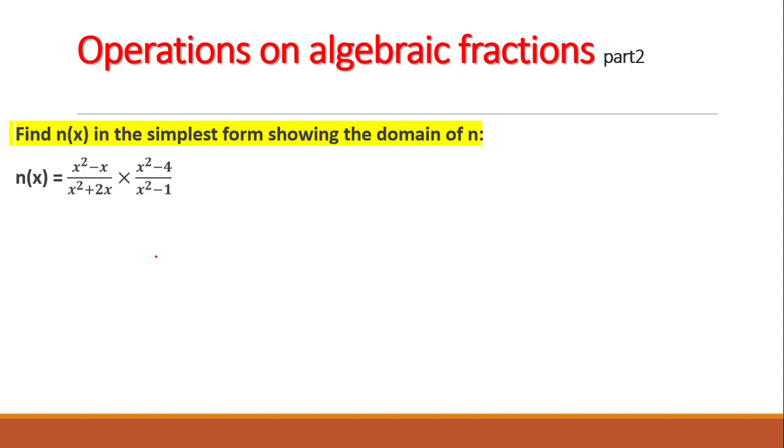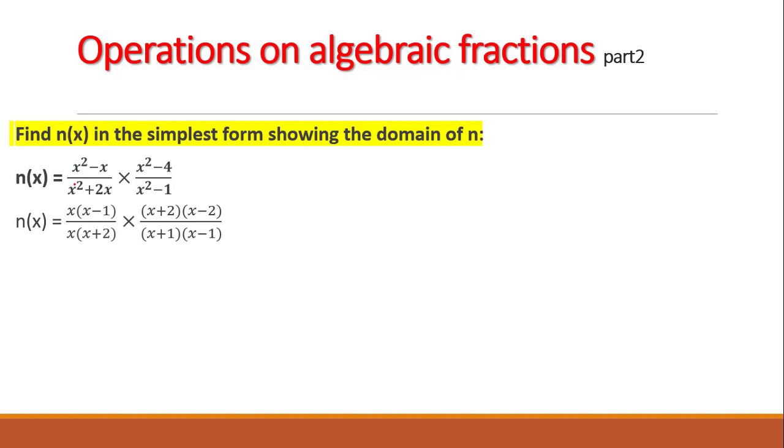Find n of x in the simplest form showing the domain of n. Number 1, n of x equals (x power 2 minus x) over (x power 2 plus 2x) multiplied by (x power 2 minus 4) over (x power 2 minus 1). The first step: it's arranged, so I'll factorize up and down.